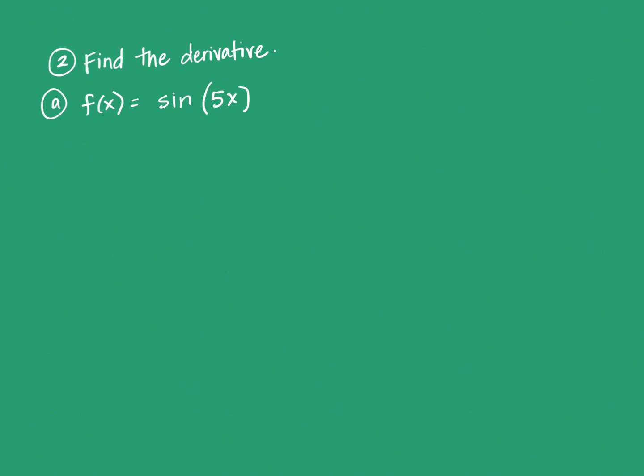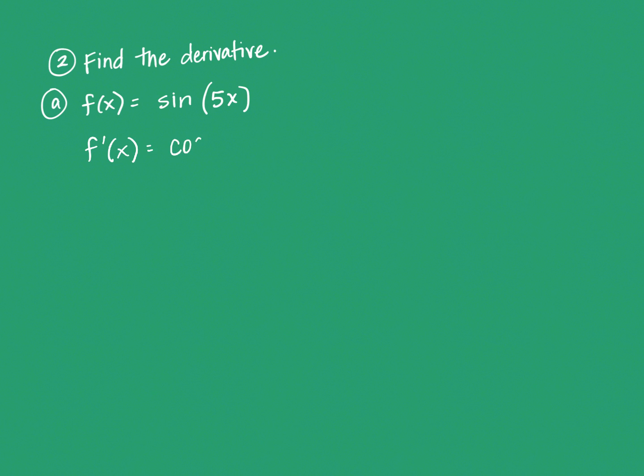Sine of 5x. Okay, we have to first identify the outside function. If you're saying sine of x, the "of" is kind of a hint that whatever you say after the "of" is the inside. Whatever you've said first, so sine of that, sine is the outside function. So the derivative of sine is cosine.